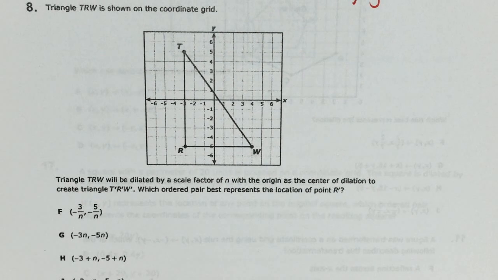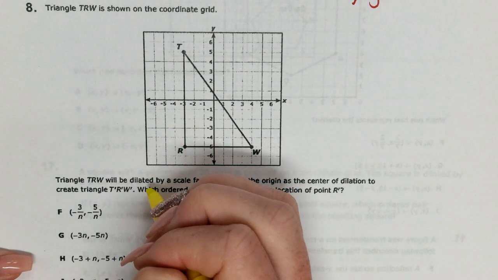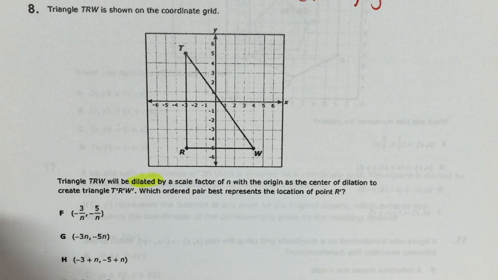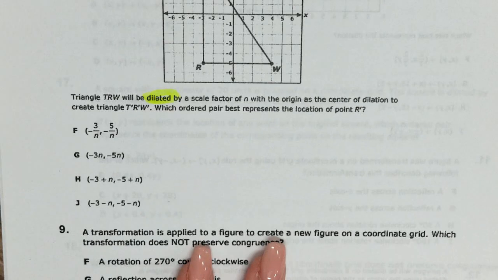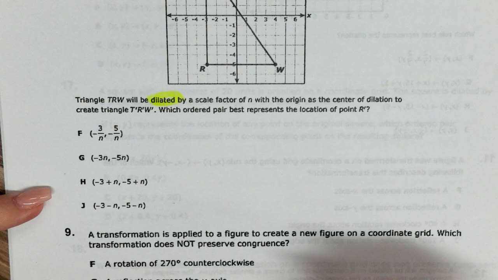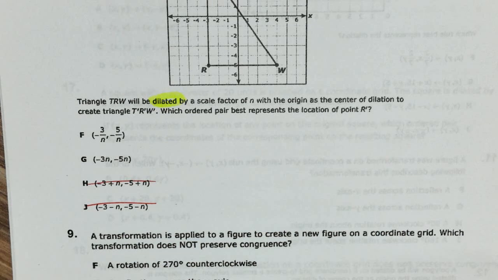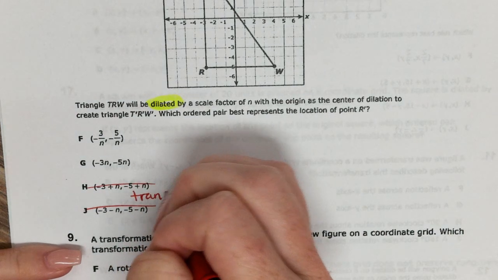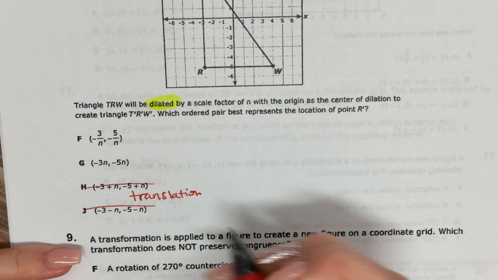Number 8. A triangle is shown. The triangle is going to be dilated. Stop and look at the answer choices. 2 of those are not dilation rules. Which ones are not dilation rules? H and J. What kind of rules are those? These are translation rules. If it's adding and subtracting, it's translation.